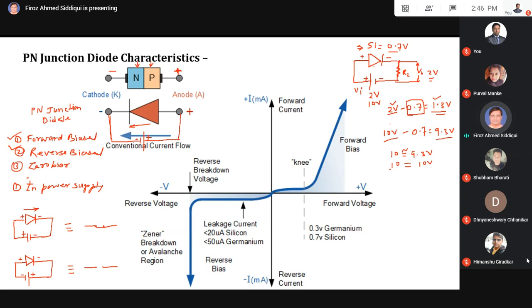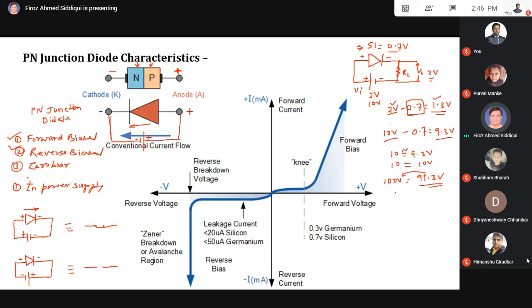Let's say if we increase the input voltage to 100 volt, say 100 volt, then how much will you get across the load? Across RL you will get 99.3. So 99.3 volt is nearly equal to 100 volt.